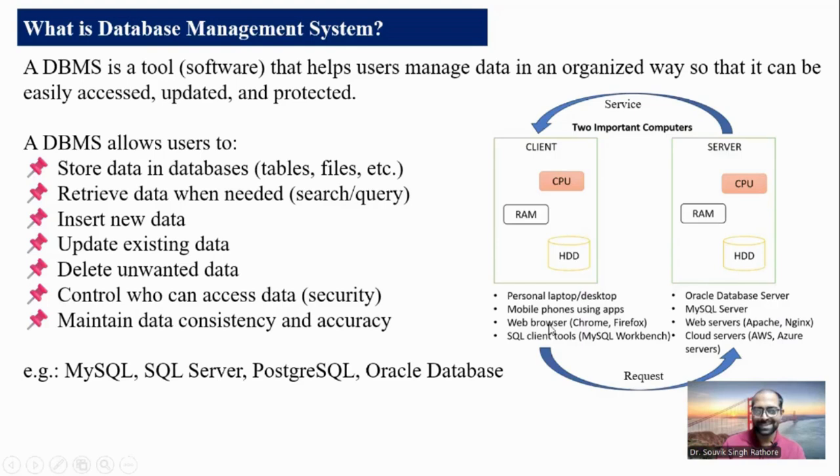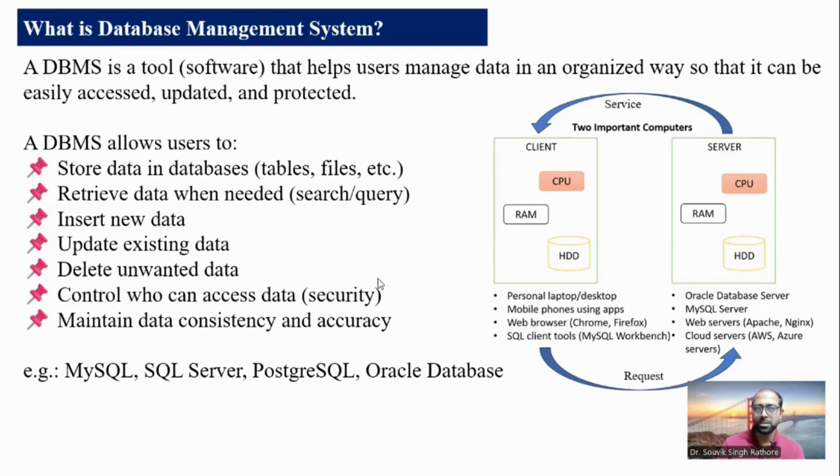The clients request. The request travels from client to server. Then the server processes the request, it searches the database, then it sends the requested information back to the client. Let's see an example.